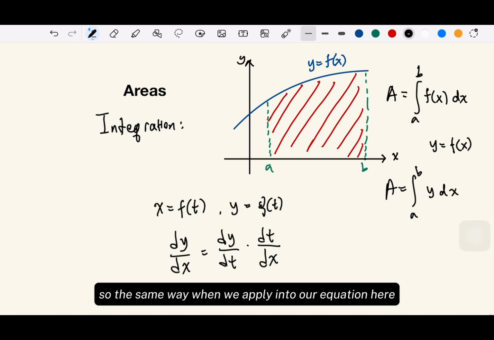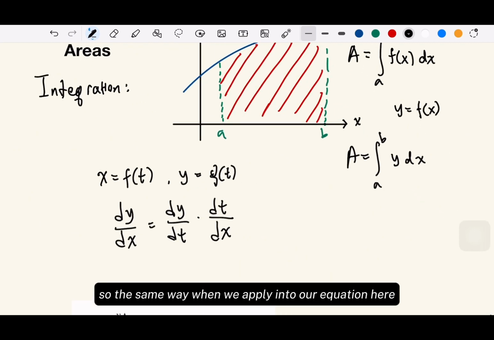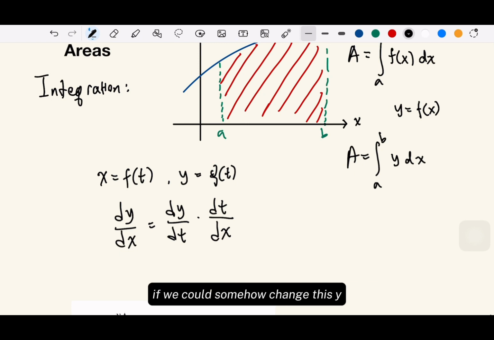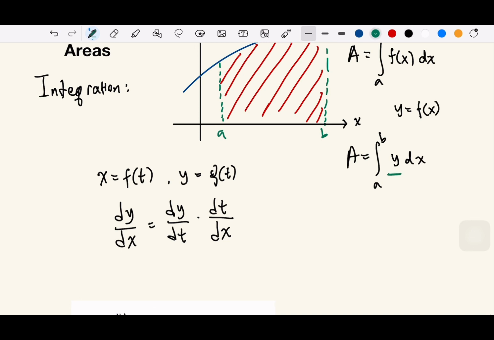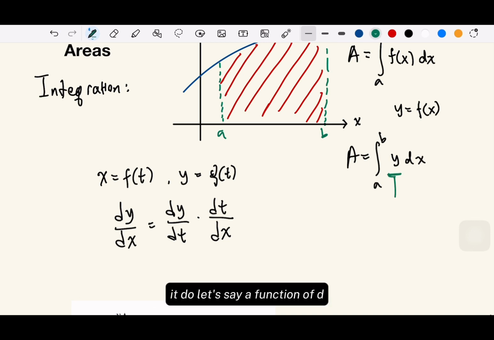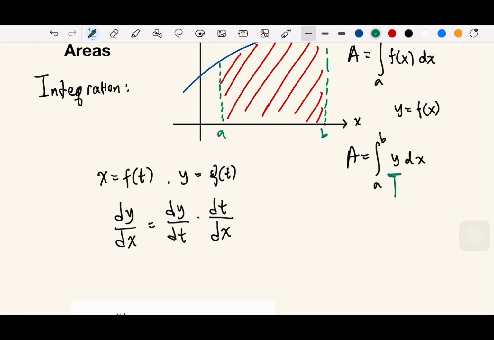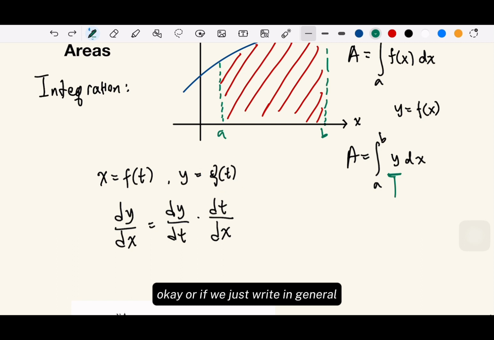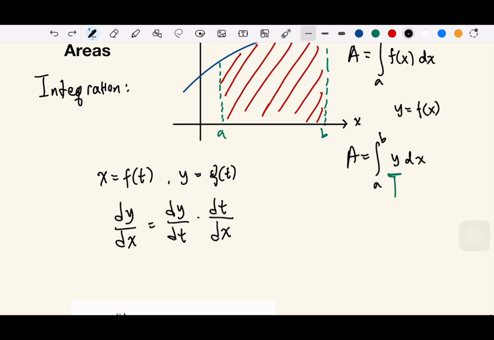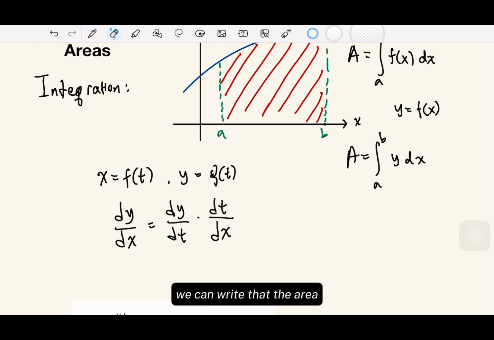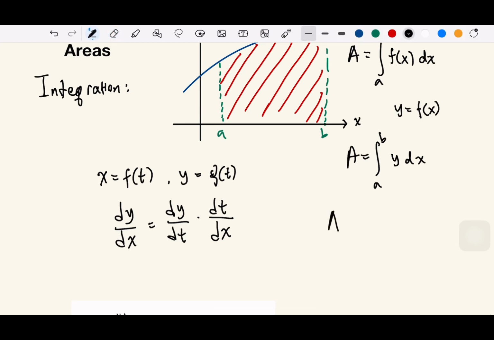So the same way, when we apply it to our equation here, if we could somehow change this y into a function of t, like g of t, or if we just write in general, we could write that the area can be y of t and then dx.